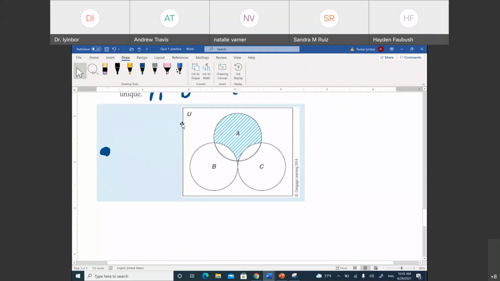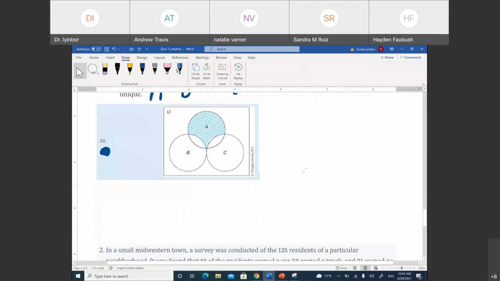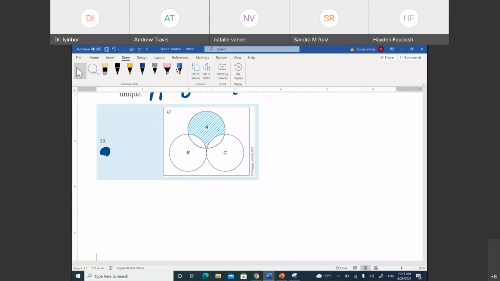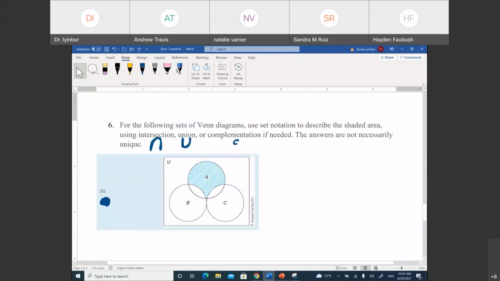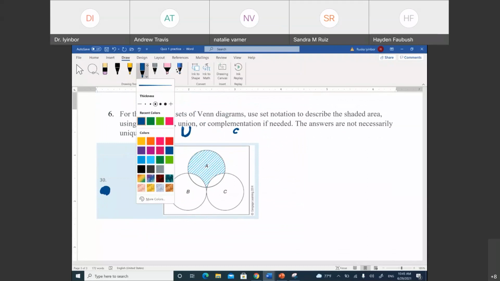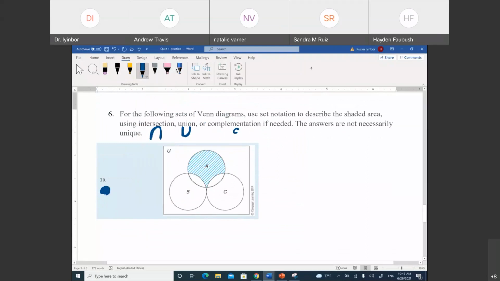How can you describe this? It's obviously A and something else, right? So let me just write it here. One of the options is A, intersection with something else, right?